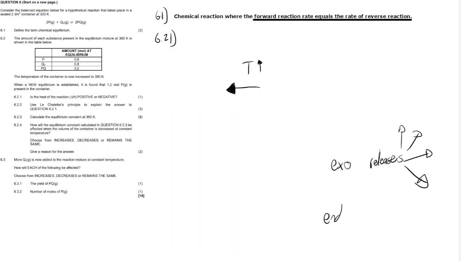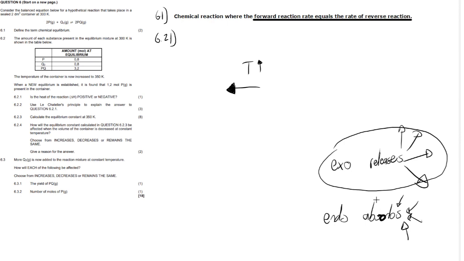And endothermic absorbs. Now, which one of these will enjoy more temperature, more energy? Is the exothermic going to enjoy more energy being added, or is the endothermic? What is going to be helping the reaction along, the one that uses that energy, or the one that is giving it off?